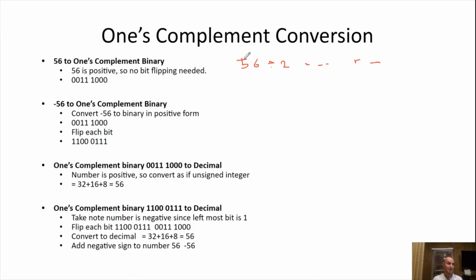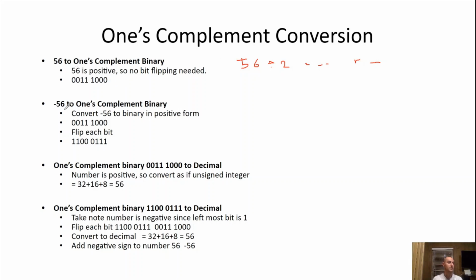But after you get that, this is going to be your number, and you have to just make sure that the most significant bit is a 0 because your number is positive.